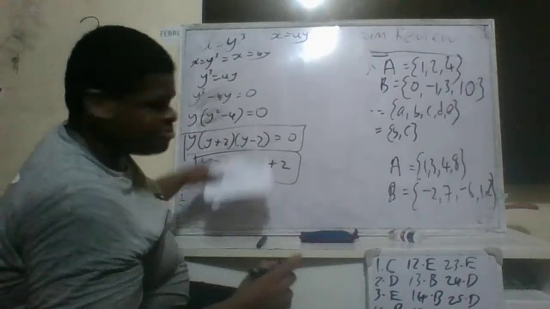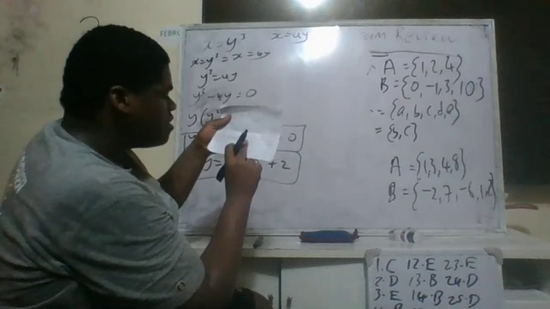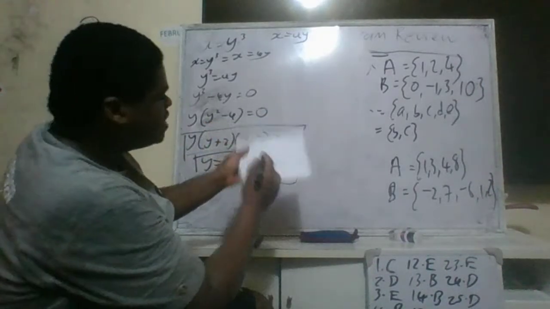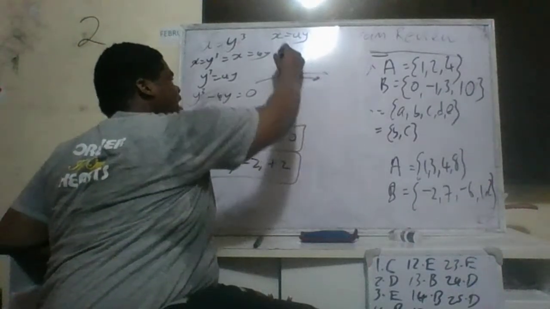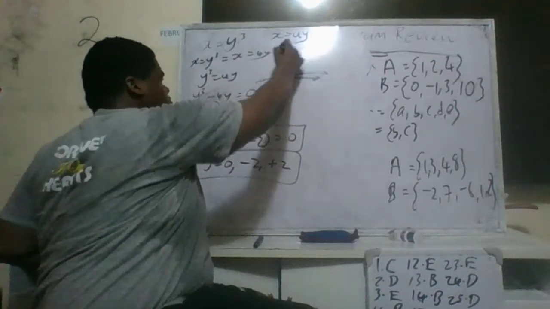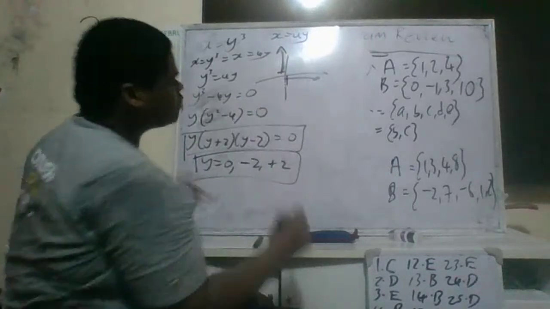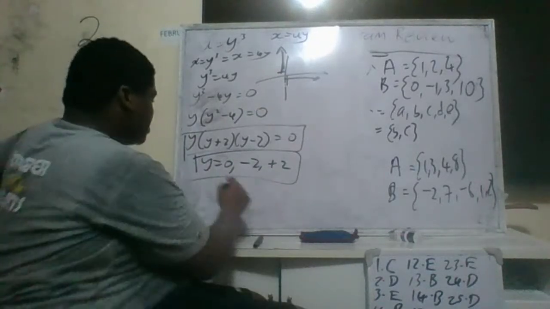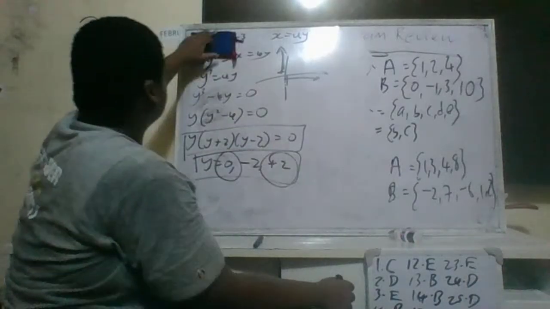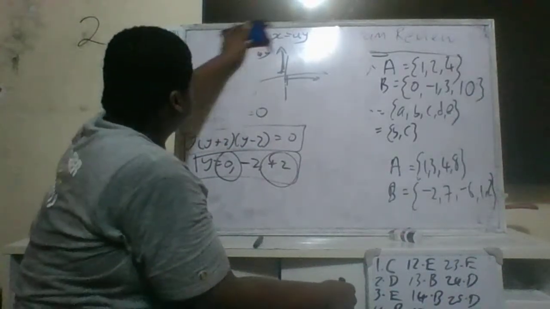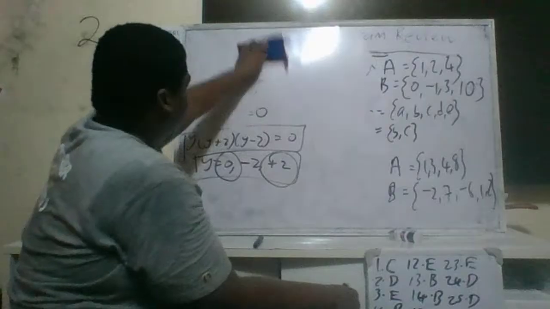But remember, they say something. They say in your first quadrant, and the first quadrant is where y is positive and x is positive. So the 2 points they are taking are 0 and +2.